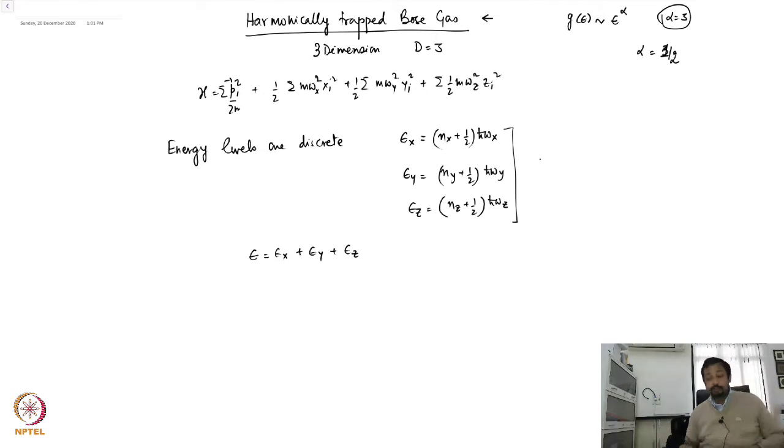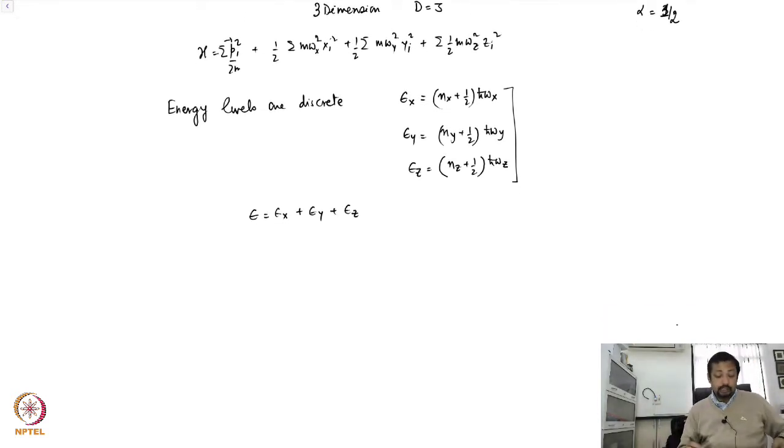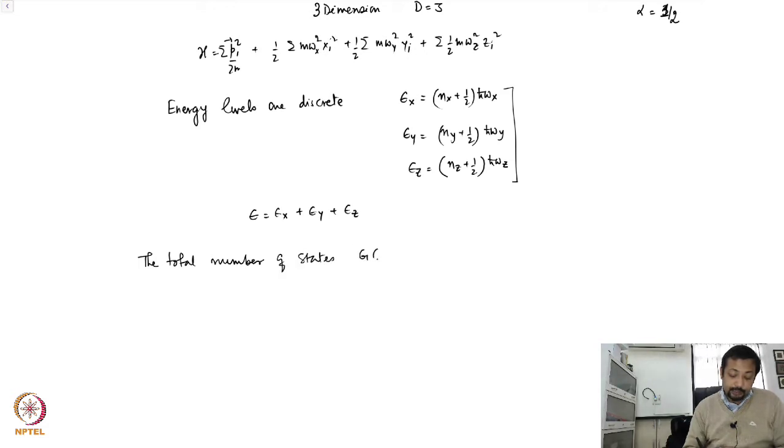We will ignore the ground state energy and try to figure out the total number of states, G epsilon, that lies between 0 and epsilon. The idea is that once I know this number, then g epsilon, the density of states, is given by dG d epsilon.